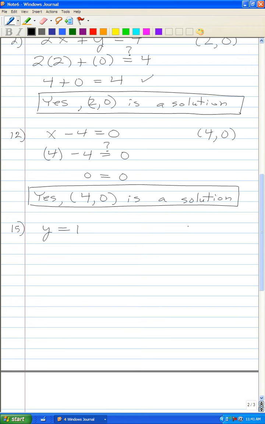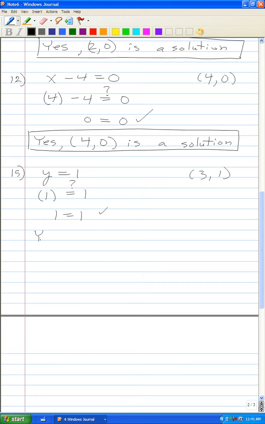Is the point (3, 1) a solution to this equation? Well, I replace every x by 3. There's no x. And every y by 1. Is 1 equal to 1? Well, yes. That certainly is a true statement. And so yes, (3, 1) is a solution.